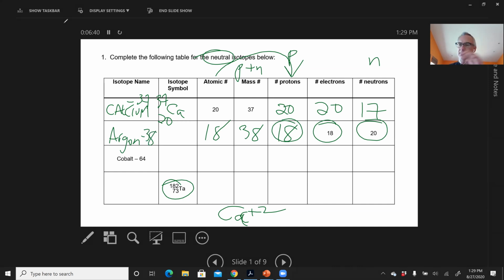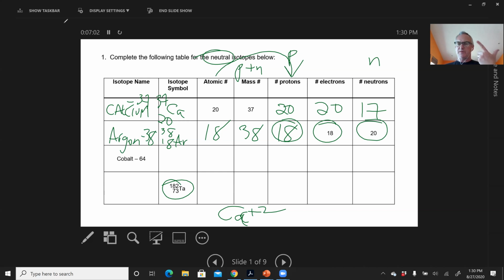So what's our symbol? What's our isotope symbol for argon? 38 over 18 Ar. 38 on top, 18 on bottom, and Ar. Yes, that's right. Argon is Ar.